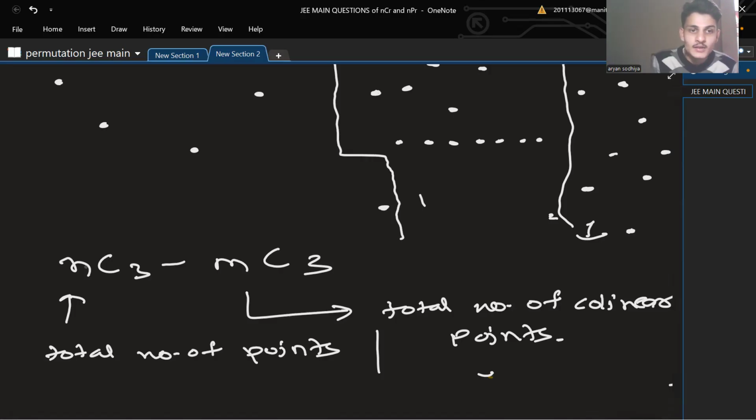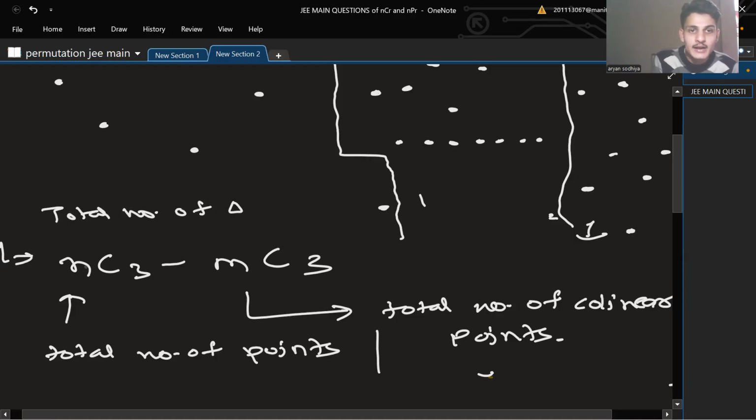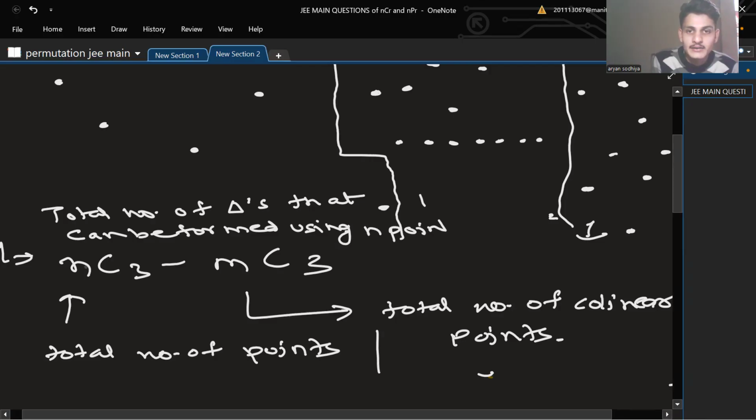Okay, so in this way you will get the total number of triangles that can be formed using n points in which m are collinear.